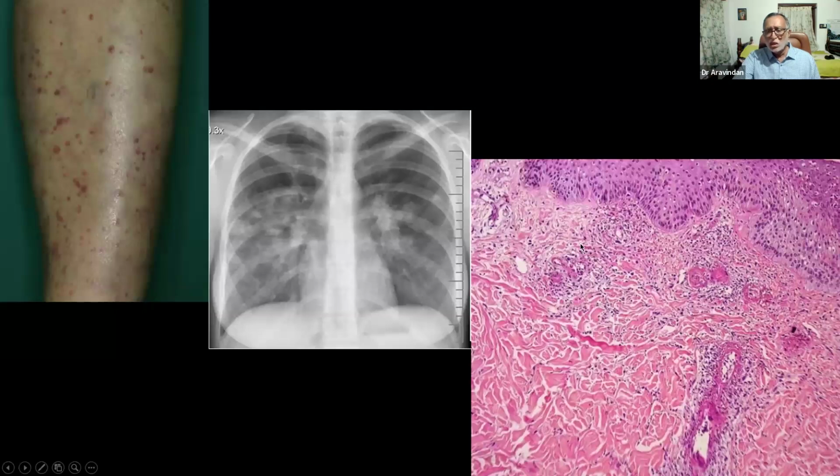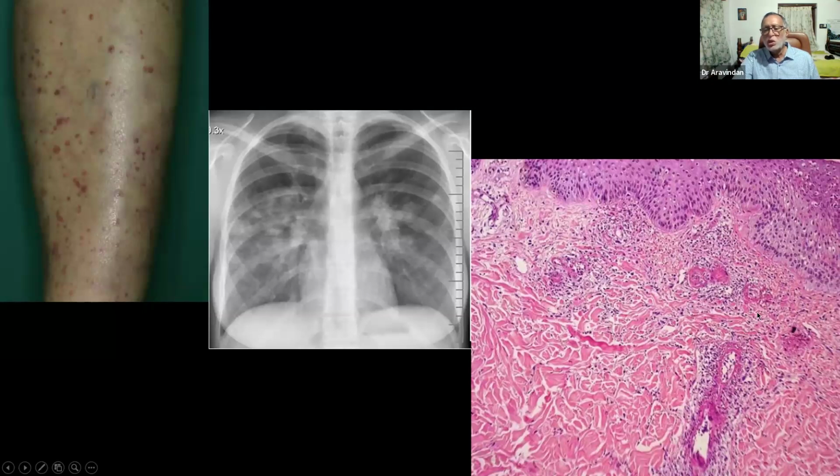This is another case where small vessels are affected, but also medium-sized vessels. When you find medium and small vessel vasculitis together, it is important to ask for the clinical history. Are there any lung lesions?